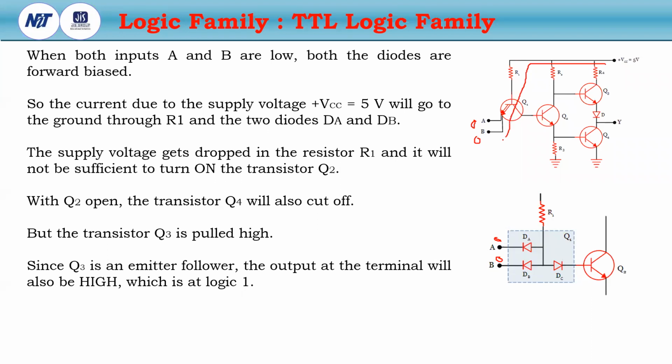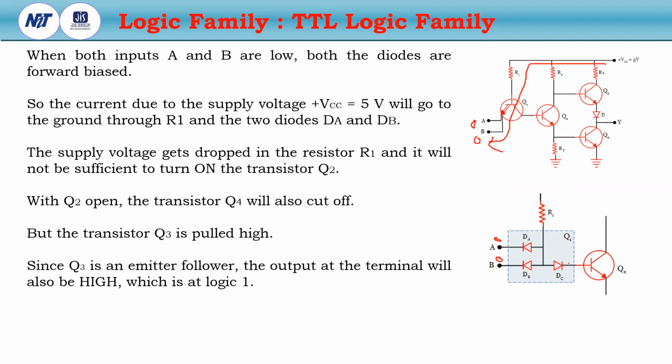So the current will flow like this. When both diodes are forward biased, or the inputs are logic 0, the supply voltage gets dropped across the resistance R1. So it will not be sufficient to turn on the transistor Q2, because the voltage drop at R1 exists. So the current will flow like this.